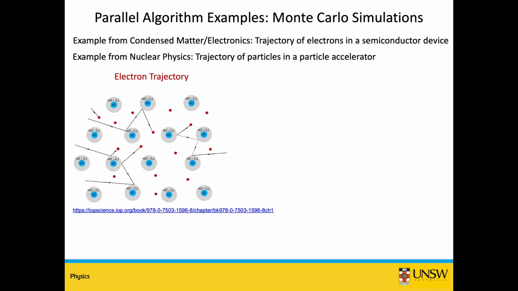And by Monte Carlo, what we mean is that it's based on random numbers. So you have to generate the distribution of particles or electrons in this case by throwing a dice, generating random numbers, giving some probability for each process.